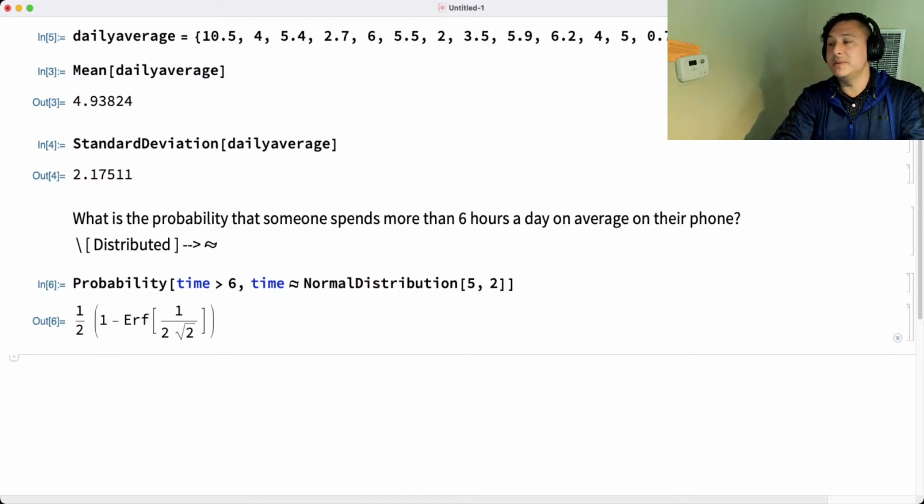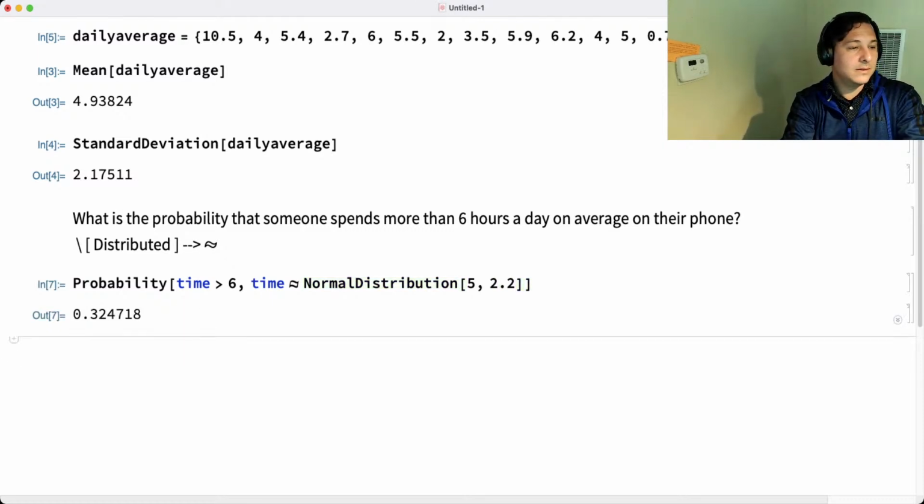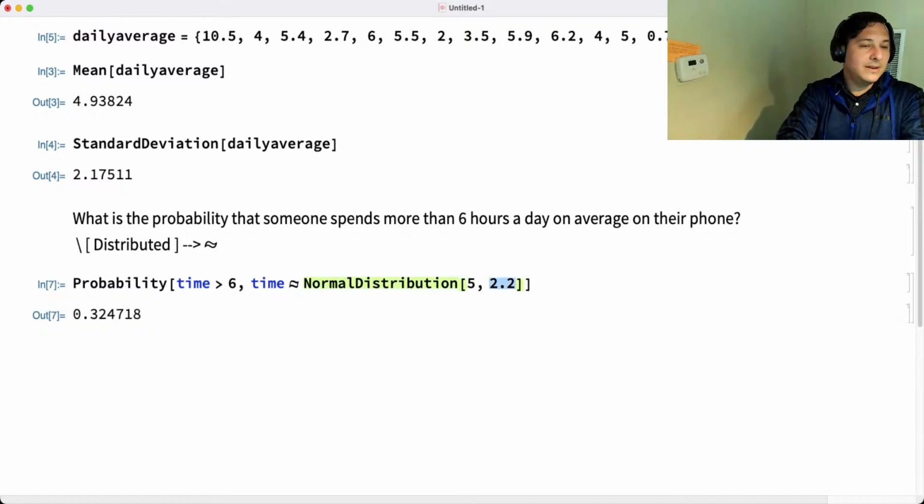I would tell you specifically for the question. So for here, I'm just going to say that we're rounding to the nearest tenth. So I guess we'll round that to 2.2. How does that sound? Yeah, it will be specified, yes. And then look what we get here. When we round it... So what is the chance that someone spends more than 6 hours a day on their phone, according to the data we have?